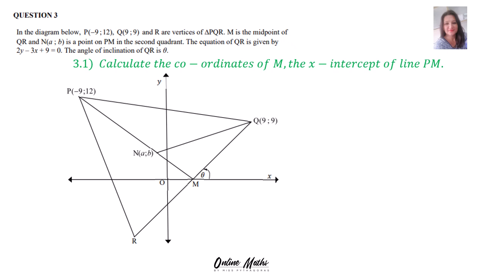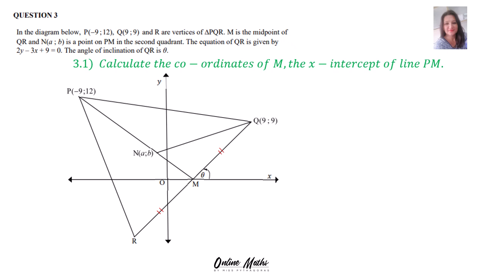In the diagram below, P is the point (-9; 12), Q the point (9; 9) and R, they are vertices of triangle PQR. M is the midpoint of QR, so in other words QR is being bisected, and N is a point (a; b) on PM in the second quadrant.